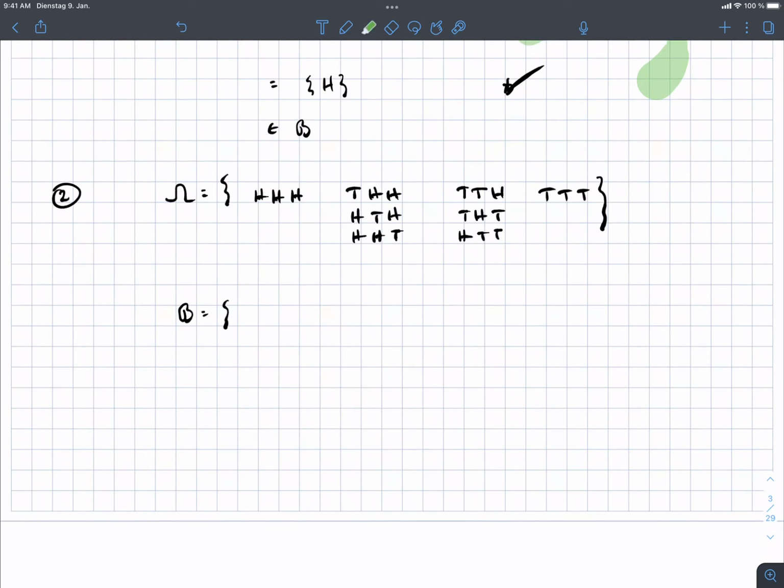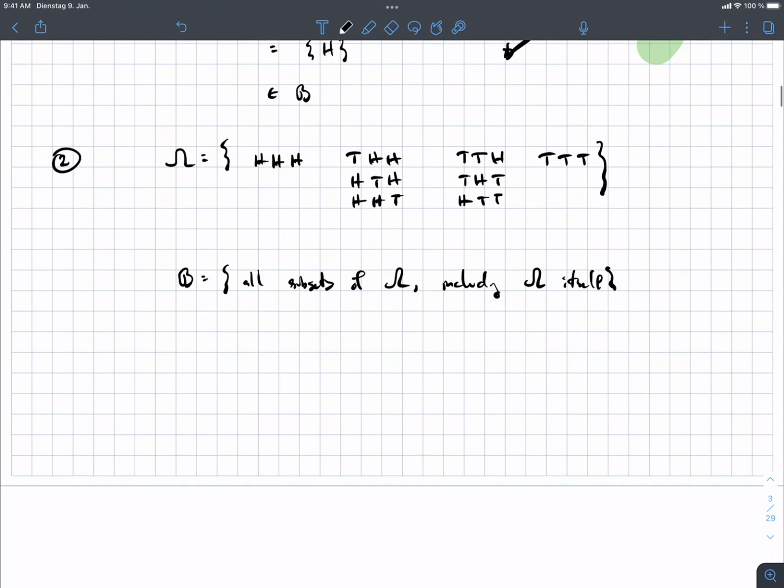A sigma algebra for this would be all subsets of this, including this itself. I don't want to list them all, that would take too much time. And a probability for each one of these. They all have the same probability of happening.